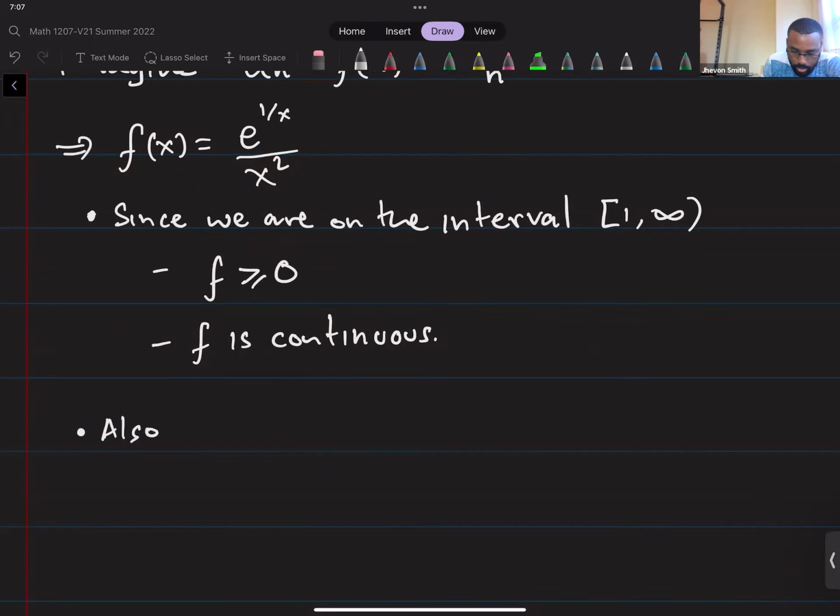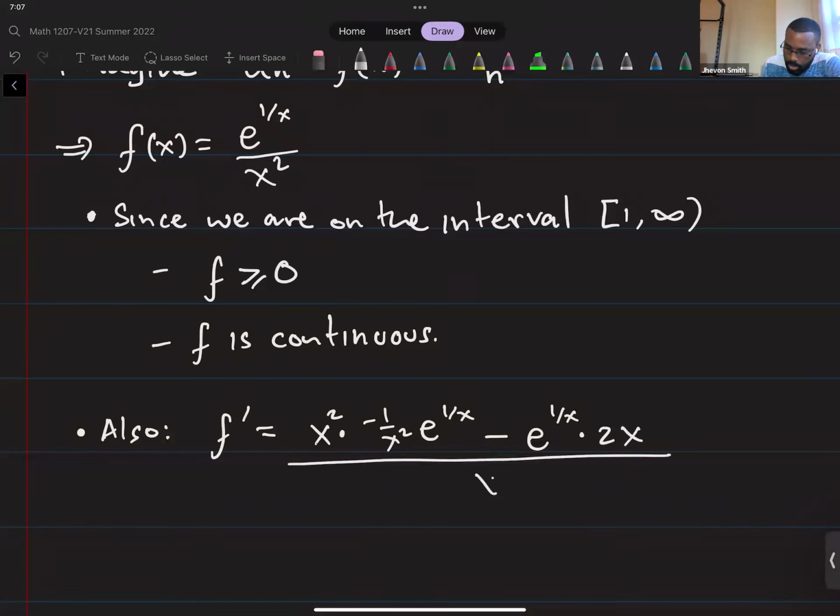And moreover, if you look at f prime, this will be the bottom times the derivative of the top minus the top times the derivative of the bottom, over the bottom squared.